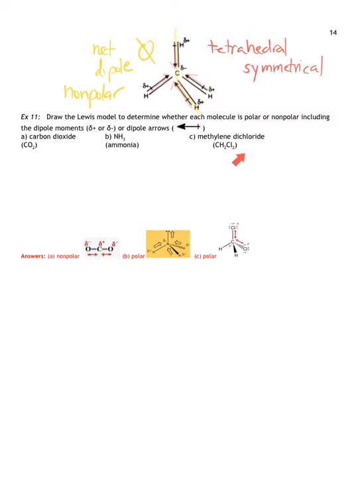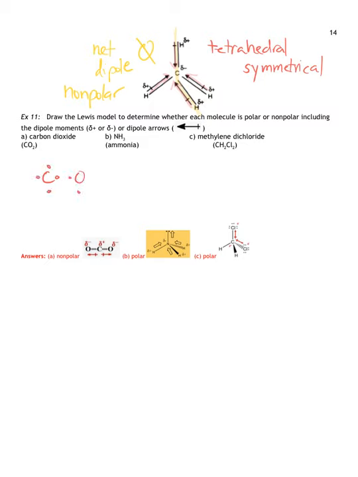What we're going to do is draw three molecules, and we're going to draw the dipoles for the bonds, and then we're also going to determine the geometry, and from there we're going to be able to determine the polarity, okay? So let's start off with carbon dioxide. Once again, central atom.